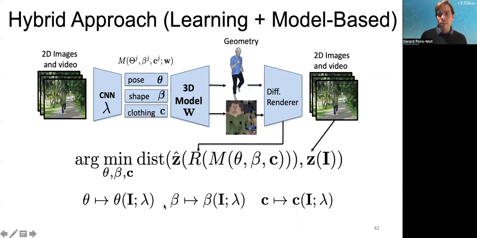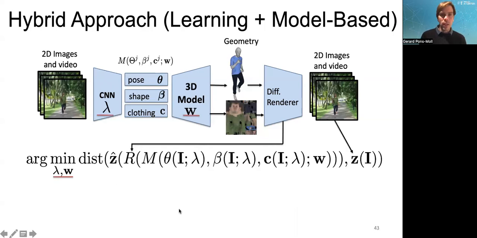So essentially, we have an optimization problem like before. The only thing is that now the arg min goes over the network parameters, and potentially we could also optimize the parameters of our body model. We've seen how to do this during registration, but maybe we could also do it using lots of images. Something that nobody has achieved so far, but conceptually it could be possible, something that I would be very interested to do.